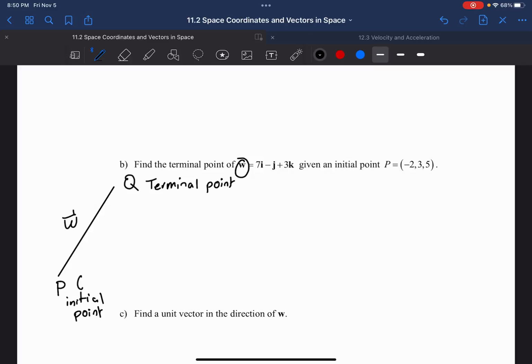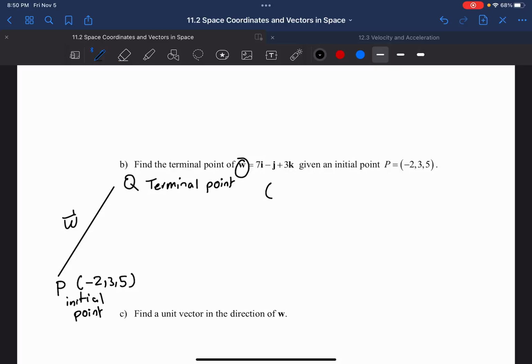P would be (-2, 3, 5). And then vector W would be, as stated in the question, 7i minus j plus 3k. So basically what this means is that it's going to go 7 in the x direction, minus 1 in the y direction, and then plus 3 in the z direction.